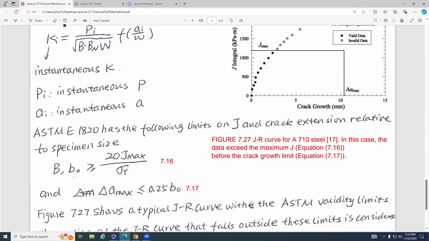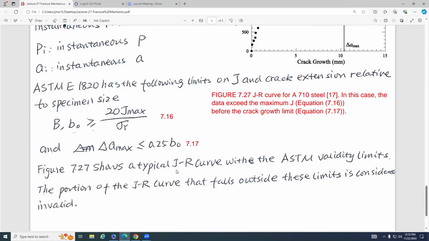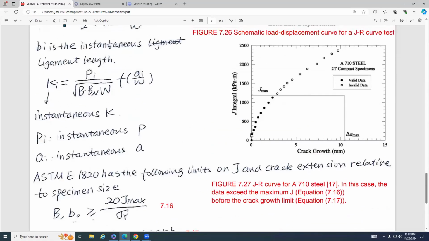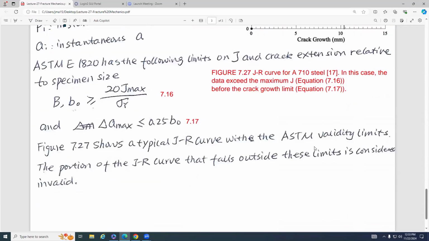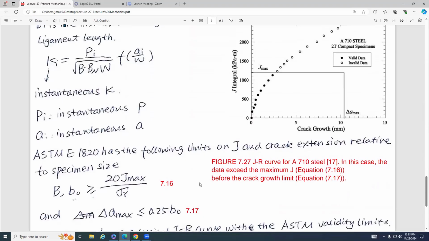Another requirement is that the delta a maximum cannot be greater than one quarter of B0, right? So be very, very careful about this. Otherwise, for this curve, this diagram shows a typical JR curve going up, and within the ASTM valid limit, you can see this is delta a maximum, J maximum.